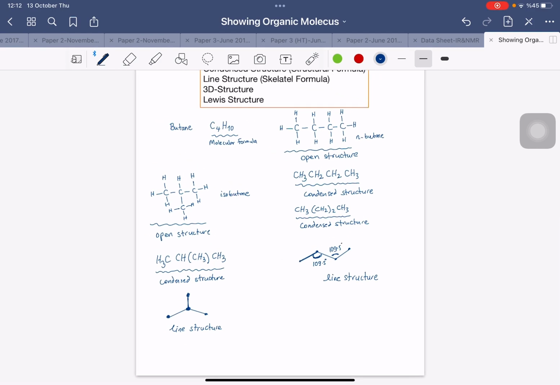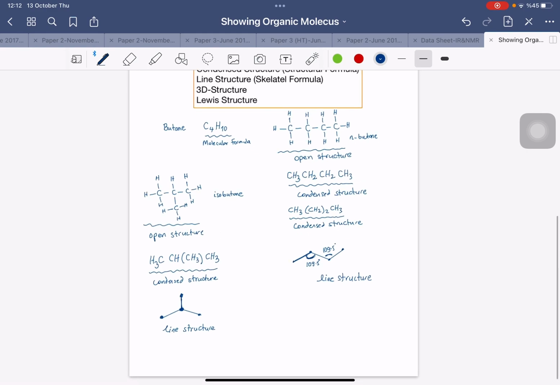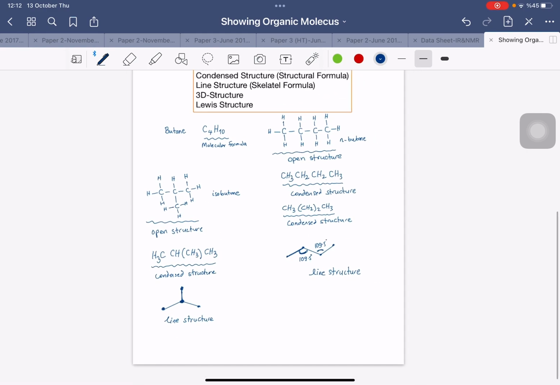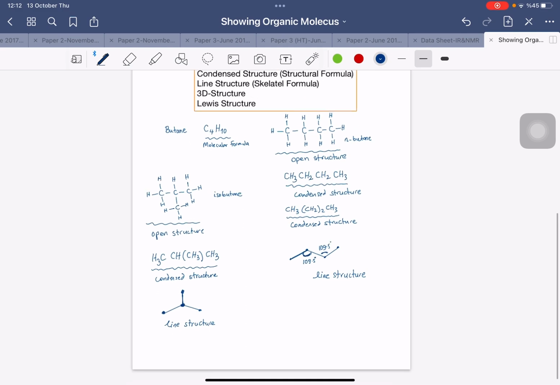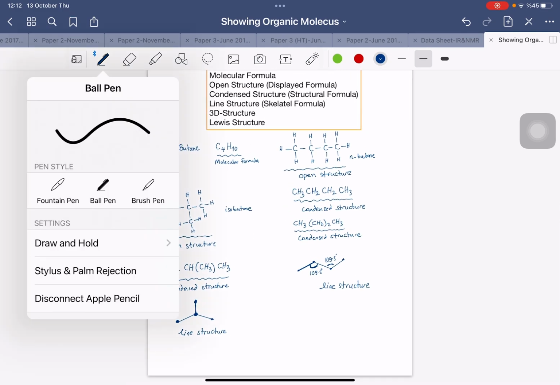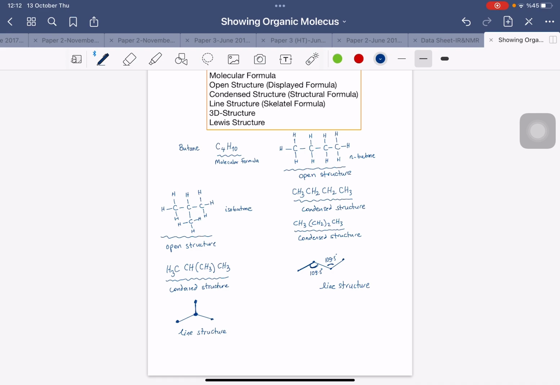Now let's draw the 3D structure of N-butane. This time we need to show how these elements are connected to each other in a 3-dimensional way.